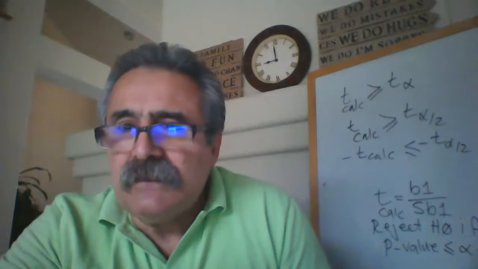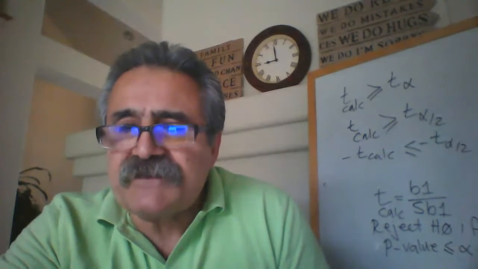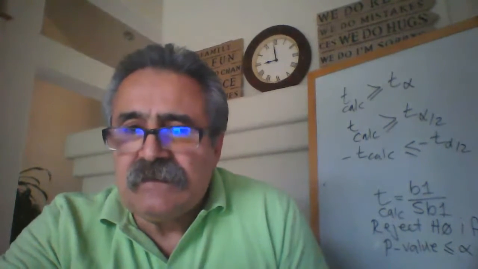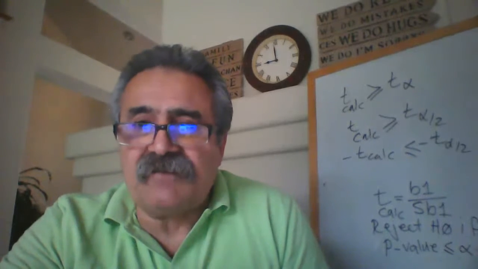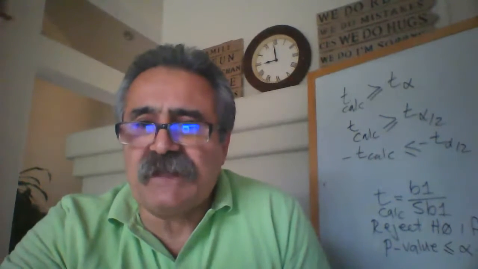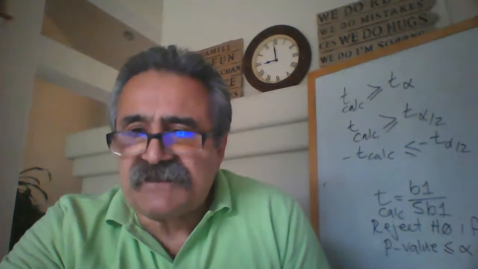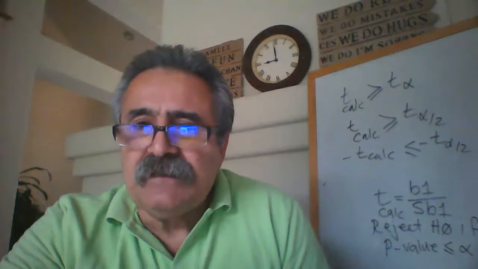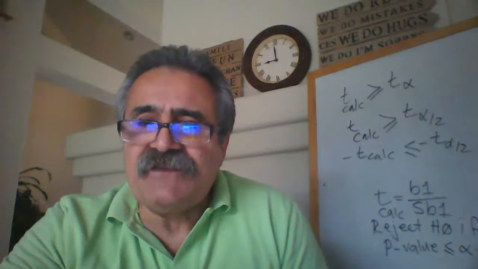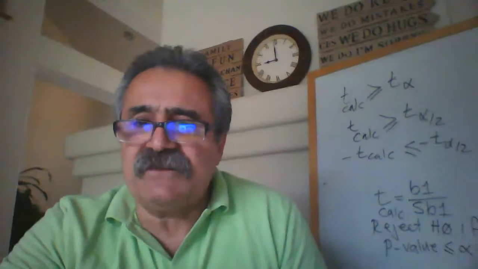Let's see. Testing for significance, t-test for that, auto new cars example from the beginning of this PowerPoint slide, slide number 30. So the H0 states that beta 1 is equal to 0.